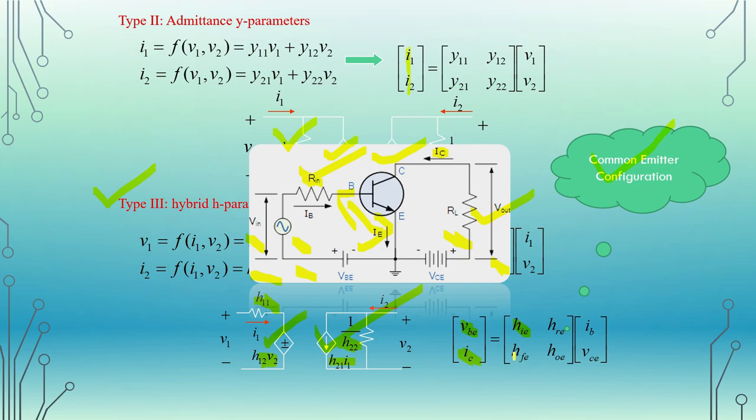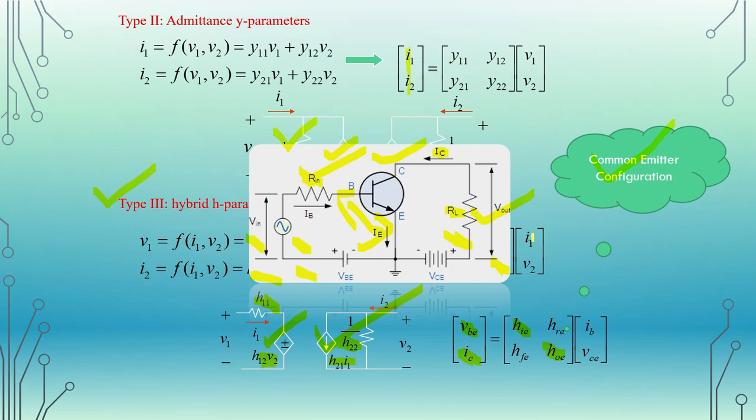HFE is part of both the input side and output side, so it will be the forward parameter of this particular transistor. HOE is the output at load, that is the load RL for V0. So we can write it as forward, reverse, input and output.